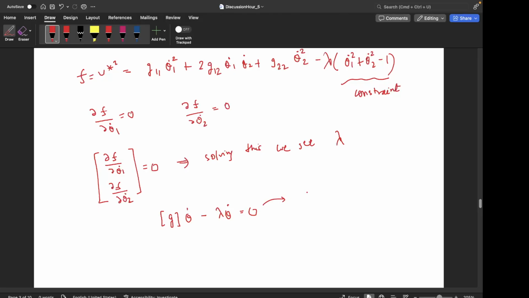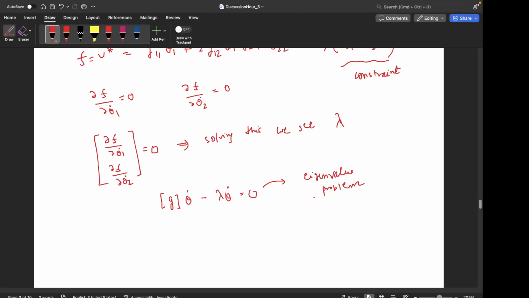And this is an eigenvalue problem. Now why this is important is, just to give you a physical intuition, the Jacobian carries information about the physical length of the links and the angle or the configuration of the manipulator, right? So it has information about the kinematics or the structure of the manipulator.